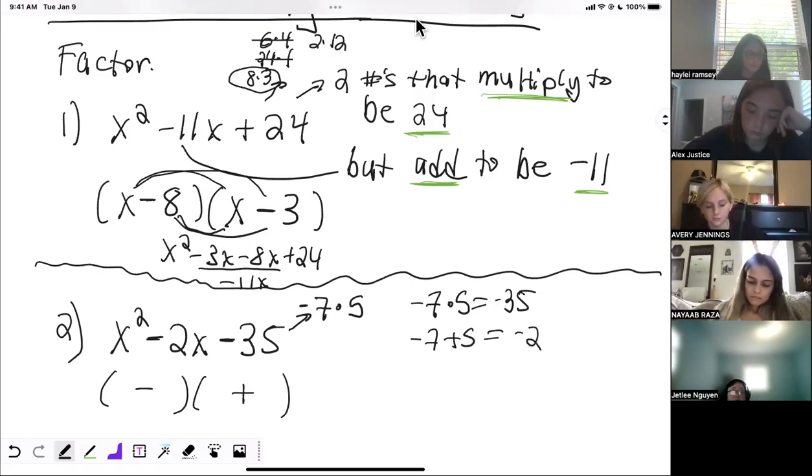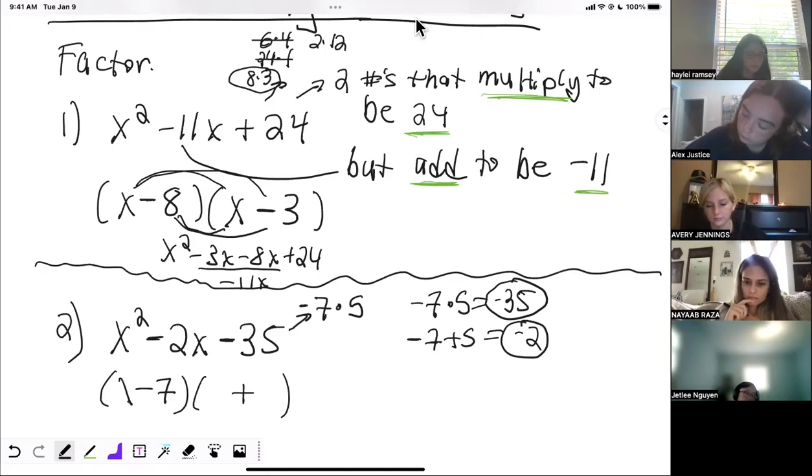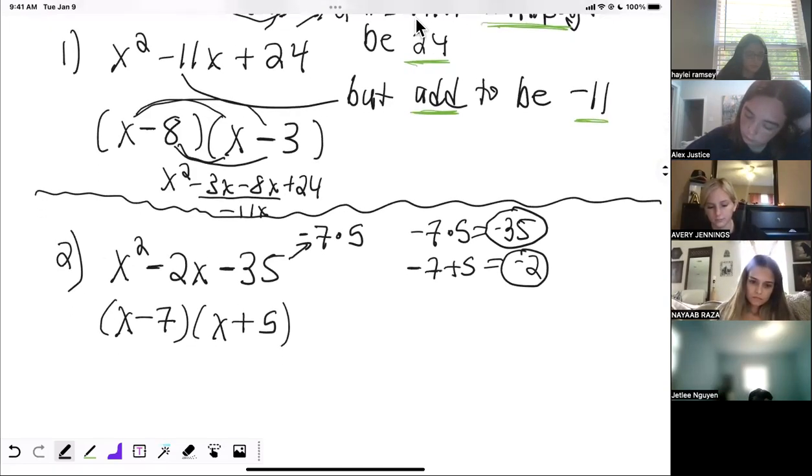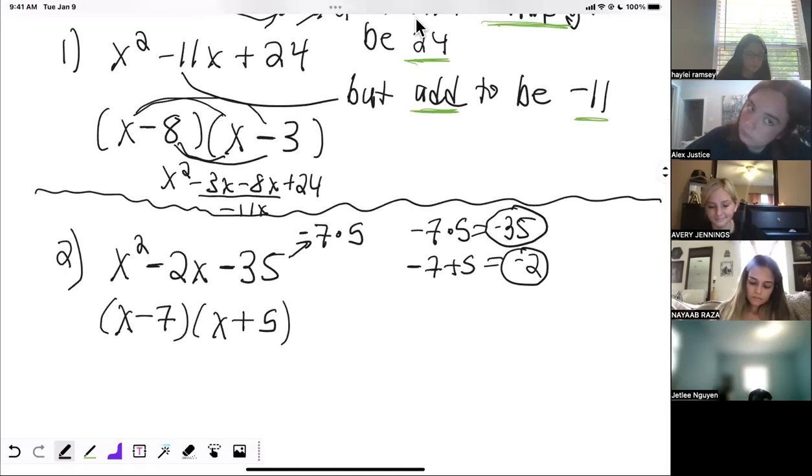And that's what I wanted. The important thing is that the 7 has to be the negative. So I have to put the 7 and the minus together, and that means a positive goes with the 5. And if I check it by foiling or double distributing, I will see that I had the right answer.